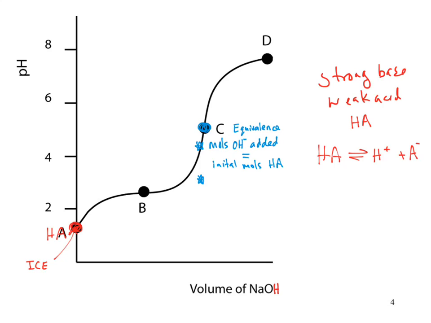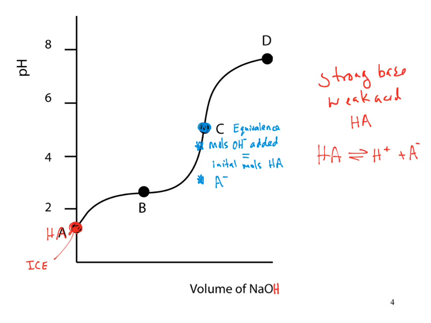At that point, all of our HA has completely reacted, which means all of our HA has turned into A minus. So at that point I have A minus. That would be the only species there. We've generated A minus at that point.